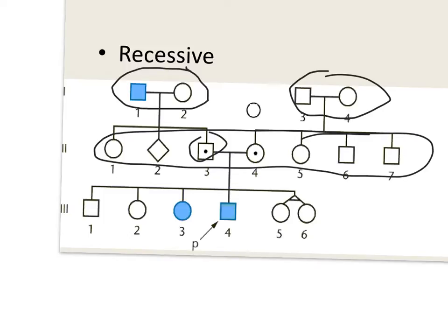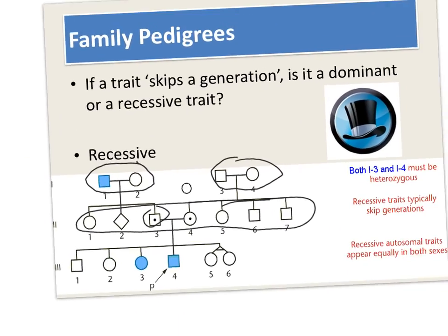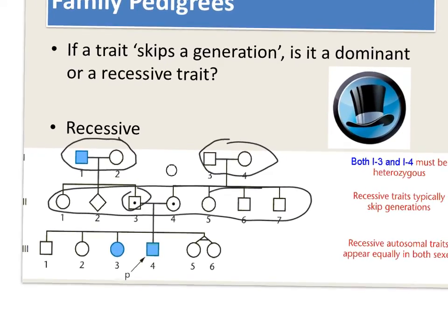In other words, the next generation, it will skip. You won't see an example of the phenotype. It's only in the third generation where you have 2 individuals that actually have the allele, and they'll produce offspring that are blue. So in terms of skipping the generation, it only happens with recessive alleles.